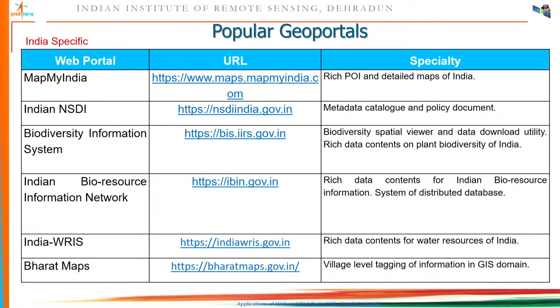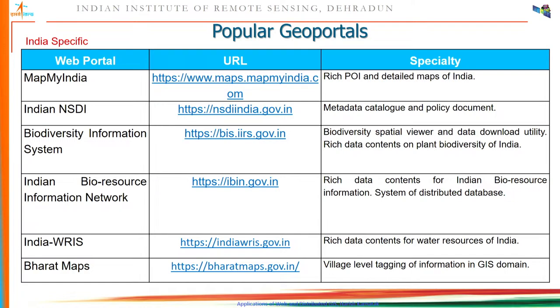The National Spatial Data Infrastructure, known as the Indian NSDI, is available at the domain nsdiindia.gov.in. This is an initiative by the Department of Science and Technology, Government of India. They provide the metadata catalog and policy documents related to the spatial data available in India.